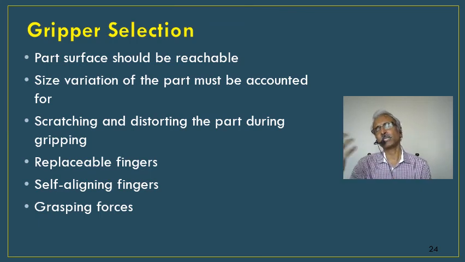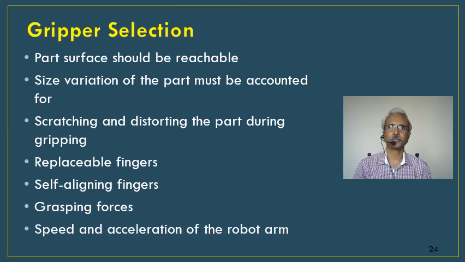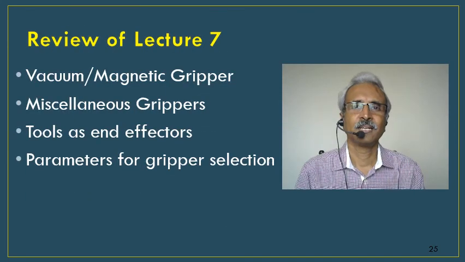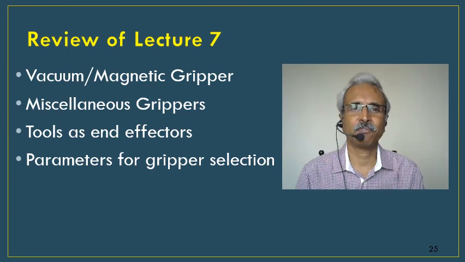The movement is fast, so it must be able to apply sufficient grasping force. Speed and acceleration of the robotic arm, of course, is related. Irrespective of the speed and acceleration of the robotic arm, the gripper must still be able to apply sufficient grasping force, right?